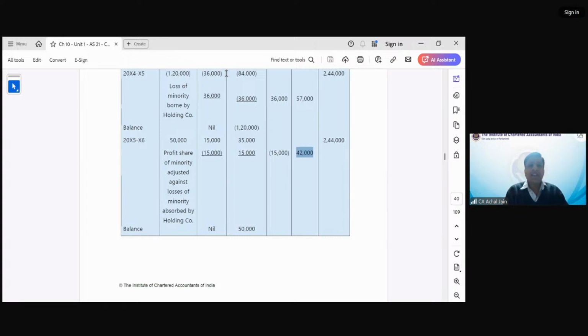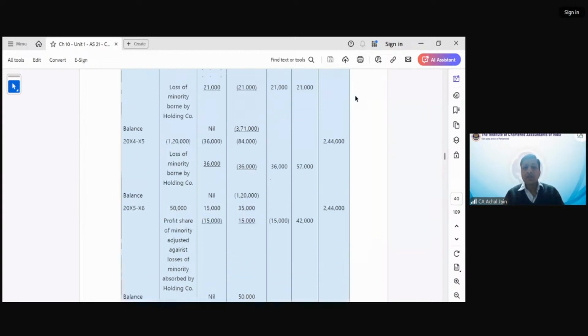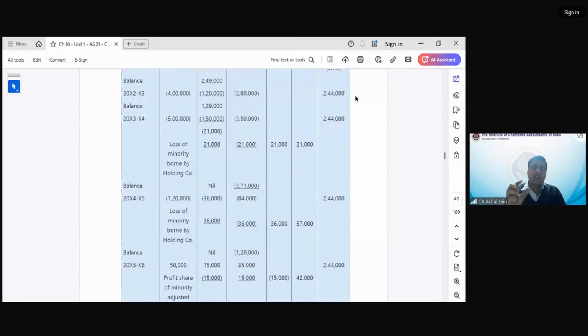Okay, Preeti is asking, sir, if we can transfer the loss by majority company in the fourth year in aggregate, instead of in third year and fourth year separately. Yeah, so every time you look at the loss which is absorbed by the majority, you look at the total amount. This table is just for convenience.